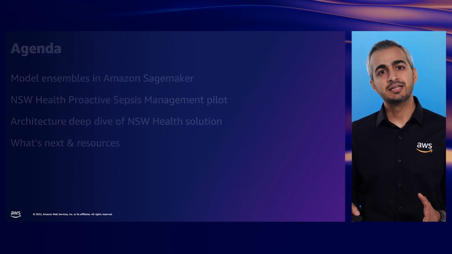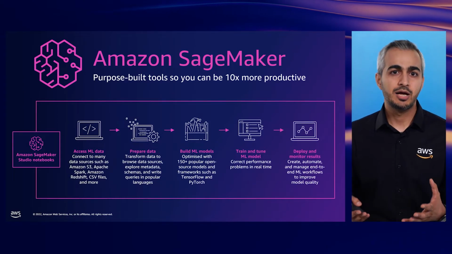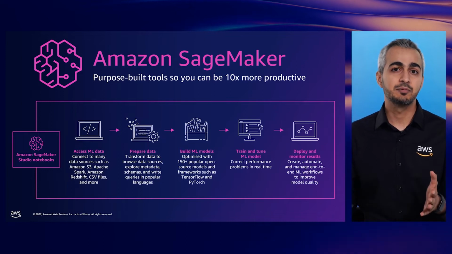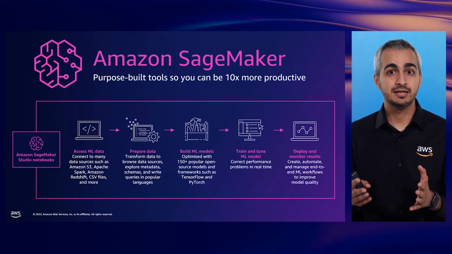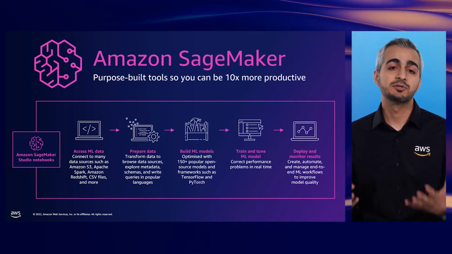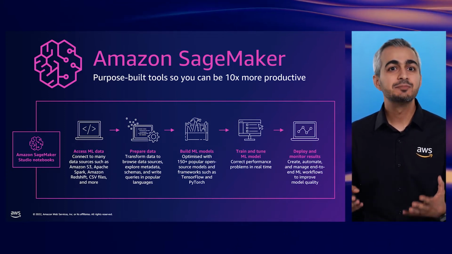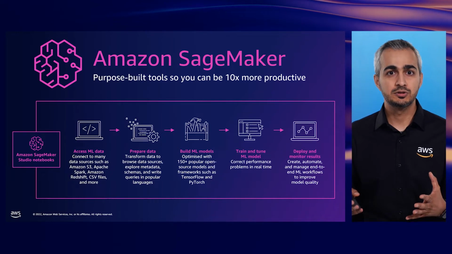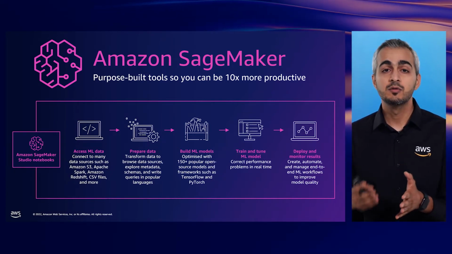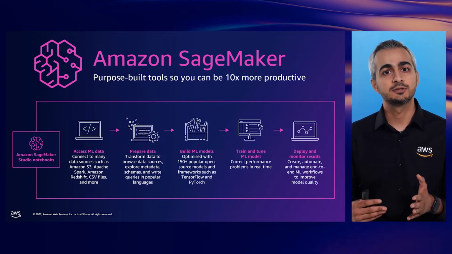Before we get into the details, let us quickly refresh our memory on Amazon SageMaker. SageMaker is a broad set of machine learning capabilities and services to help data science teams be more productive, building, training, and deploying machine learning models. SageMaker provides all the components used for machine learning in a single toolset, so models get to production faster with much less effort and lower cost.